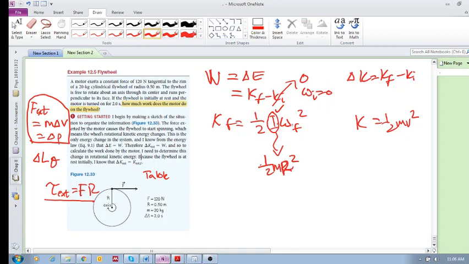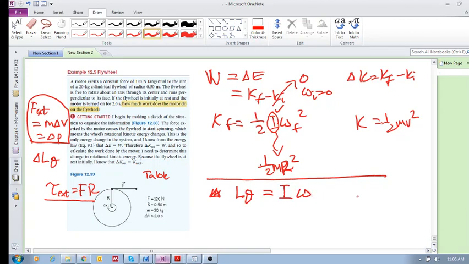So how are we going to find this? Well, this is where we come to this idea of change in momentum. Because there's an external torque, we have a change in angular momentum. So we know that, first of all, angular momentum is equal to I omega.